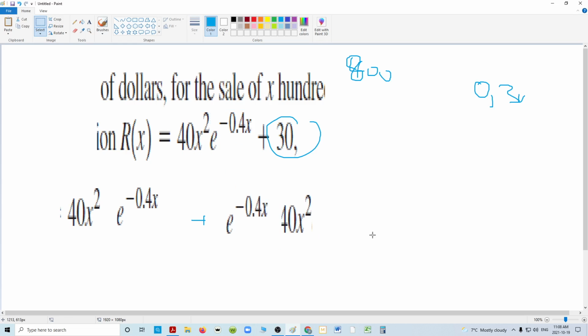So I think you're going to have a max and a min here. You're going to have something weird like this. And they're only concerned with this part, so it's safe to say that the second x value will be your max. So the derivative of this is 80x.